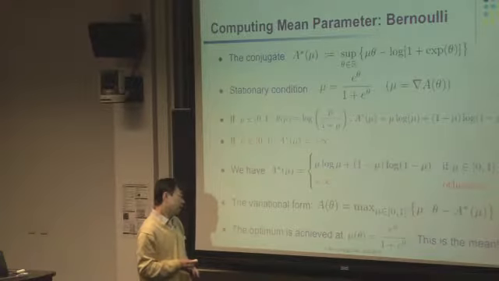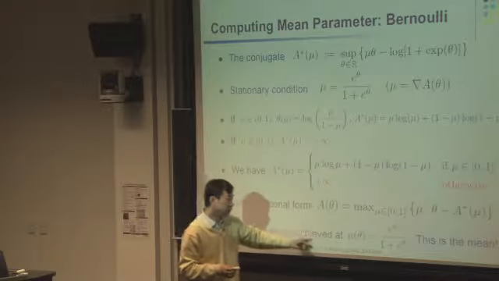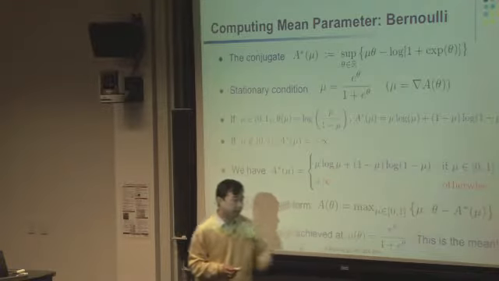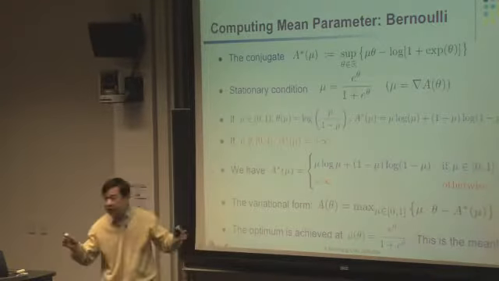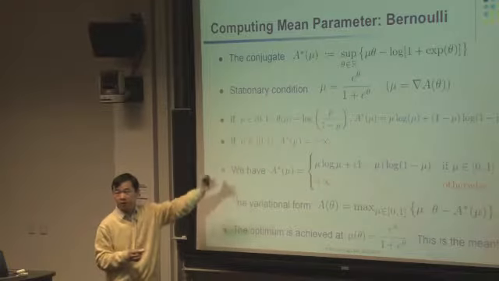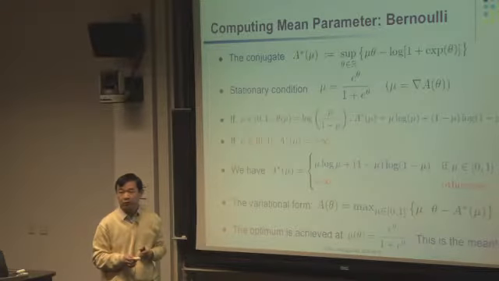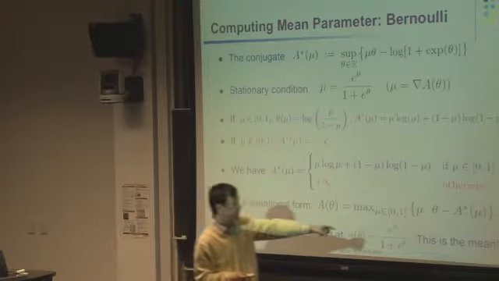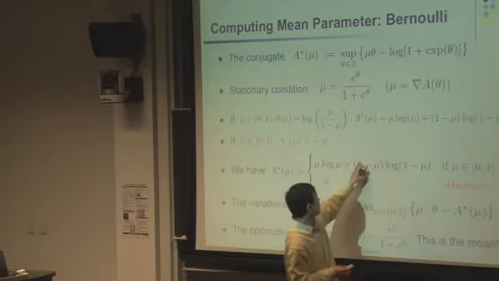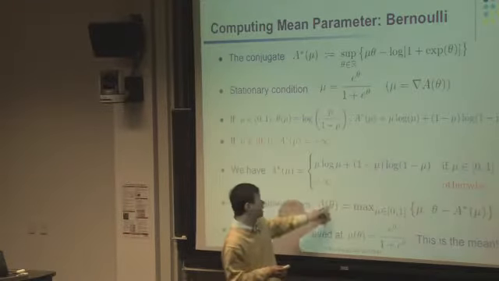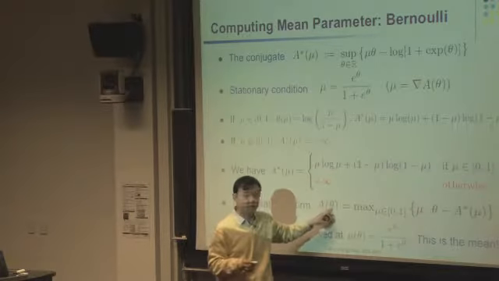Once you have that, the optimum becomes very easy. You can get this by checking the stationary condition. So all looks very easy in this case, because you have the closed form everywhere. For example, this thing can be written in a closed form, as I wrote here, and even the A itself can be written in closed form. So you may wonder why we even need this equation.